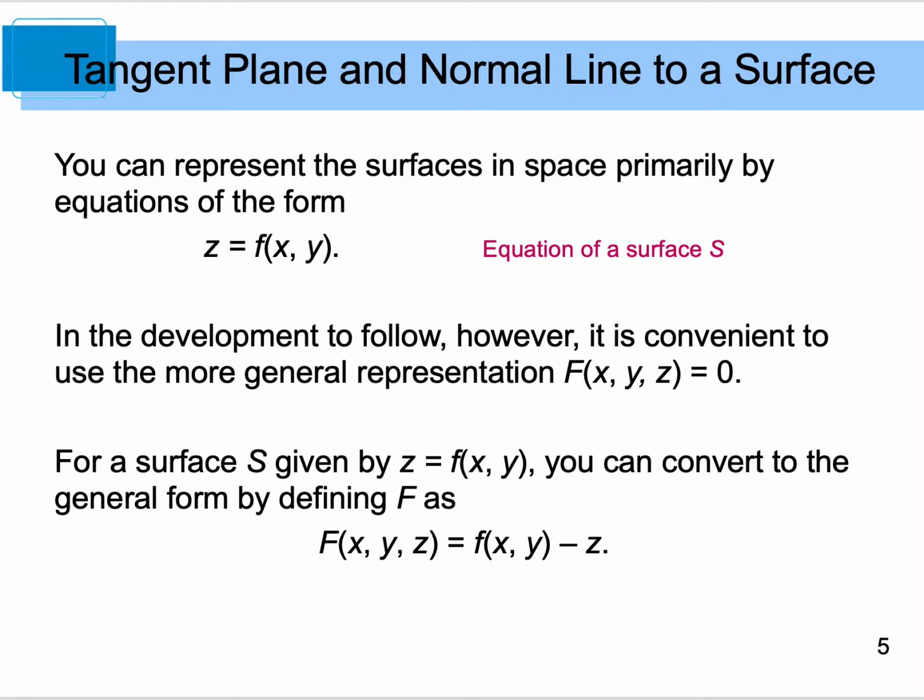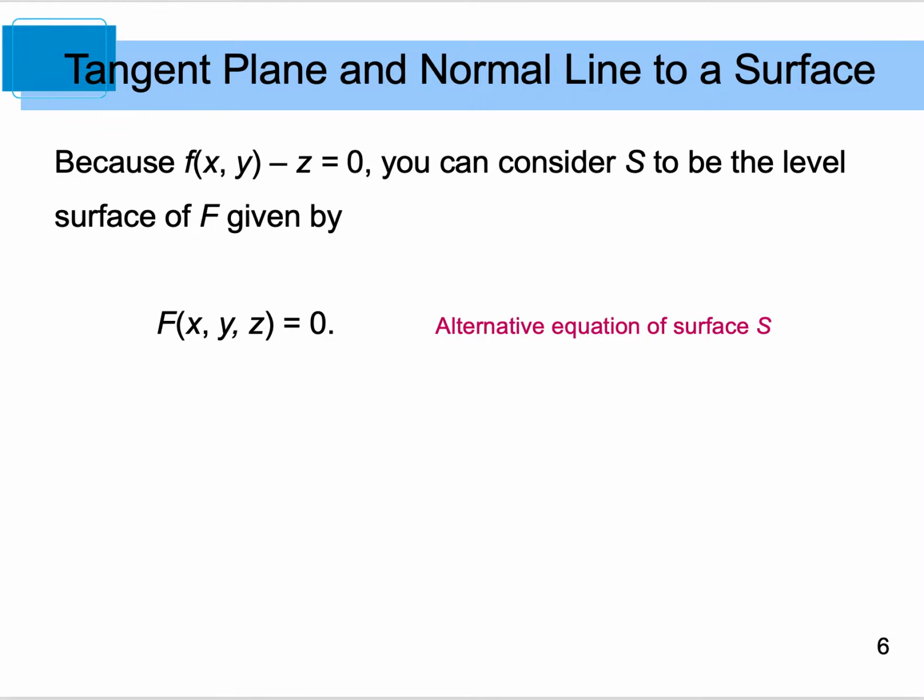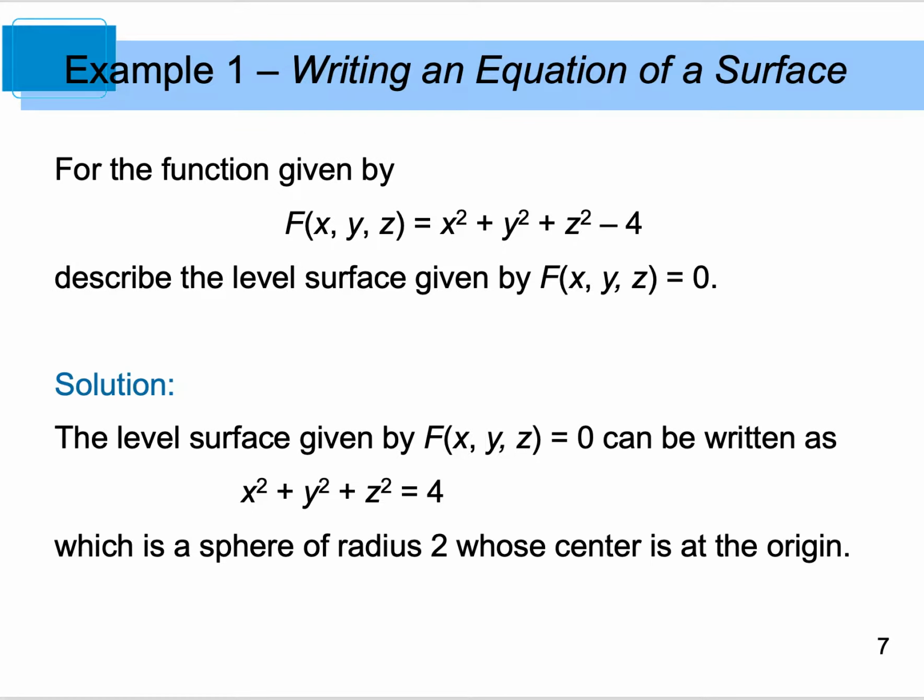For any surface, I can convert to this form by taking that function of x and y and subtracting z, so that I have everything on one side of the equation, similar to algebra. Because my function of x and y minus z equals 0, I can consider S to be the level surface that f is given by.